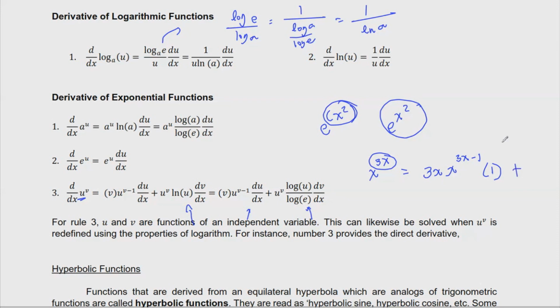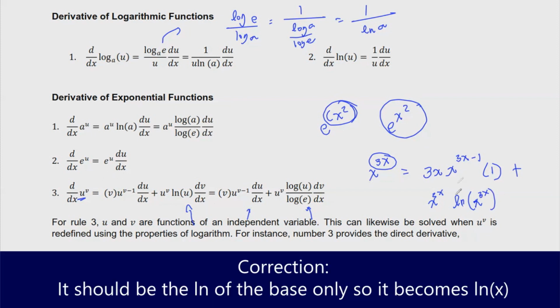Now for the second one, we need to copy u to the v, or the expression itself. So we copy it, x to the 3x, and then we take the ln of that expression. Okay, so that's a fairly easy one to do. And then you take the derivative of the exponent, and the derivative of the exponent is actually 3.